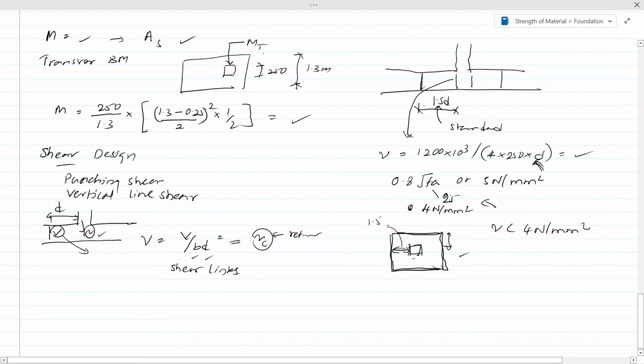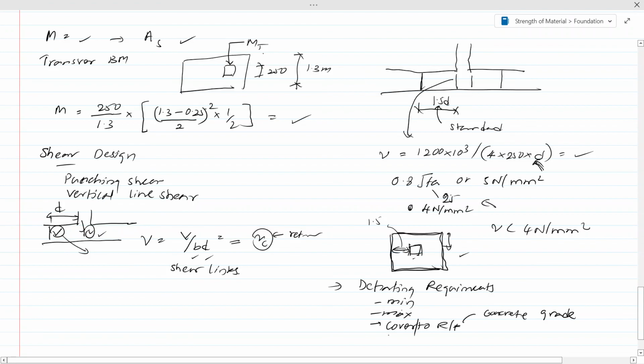Those two are enough. In addition to this, you have to consider the detailing requirements, that is minimum reinforcement, maximum reinforcement, cover to the reinforcement depending on your exposure condition. All that you have to consider, including concrete grade.